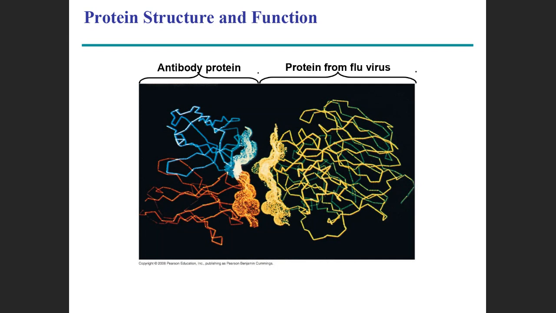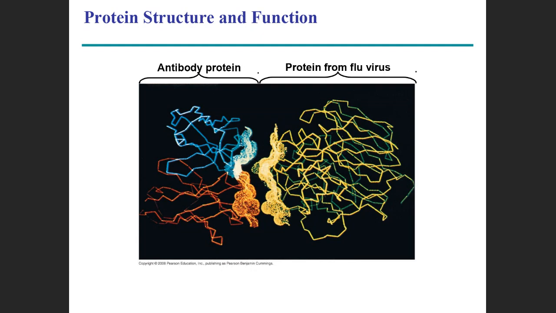And those binding sites form chemical bonds with the antigen. And so that's why the antibodies stick to a specific antigen. So antibodies are very specific, right? They don't just bind to anything. One antibody binds to one particular antigen.